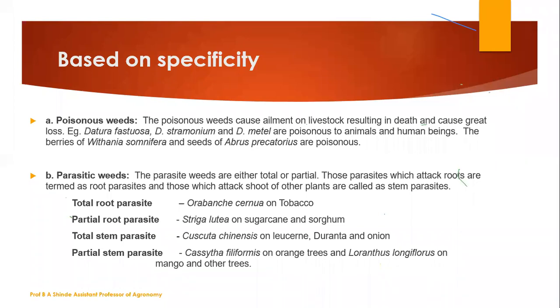The total root parasite is Orobanche on the tobacco plant. The partial root parasite is Striga lutea on the sugarcane, that is, cereal crops like sugarcane and sorghum. And the total stem parasite, Cuscuta chinensis, on lucerne, duranta, as well as onion.